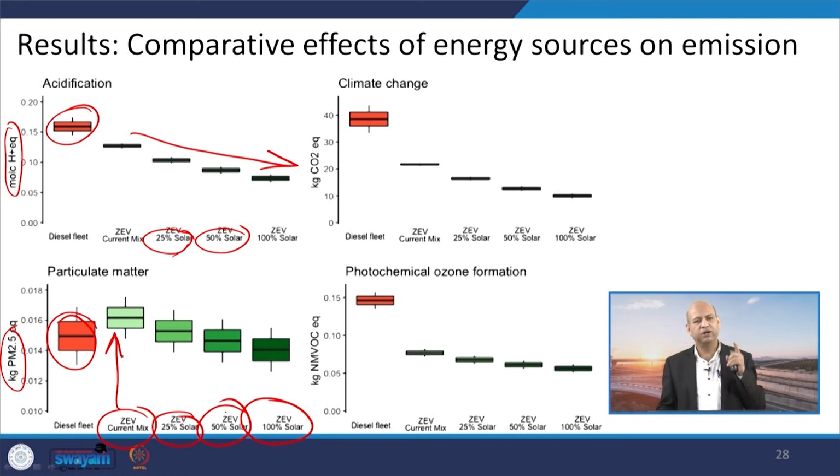only then is the benefit there. But there is some key indicator or issue which needs to be taken care of, because these are the total emissions. Diesel vehicles emit all their emissions in the city itself, but battery operated vehicles do not emit any tailpipe emissions; their emissions are far away where the power plant is located.